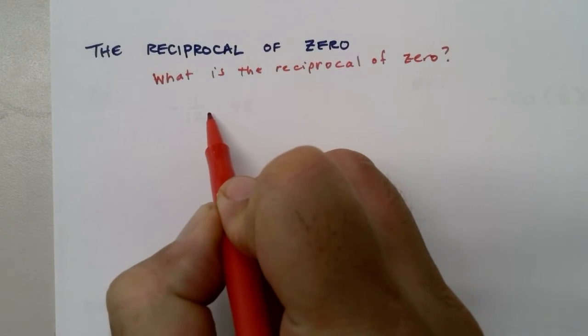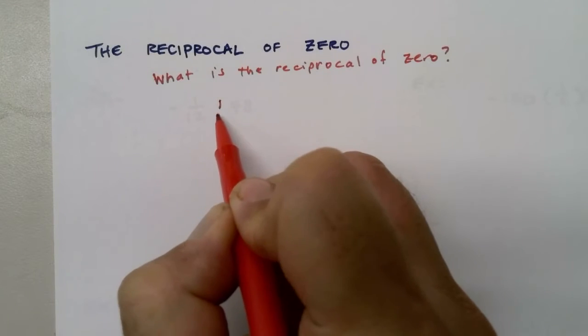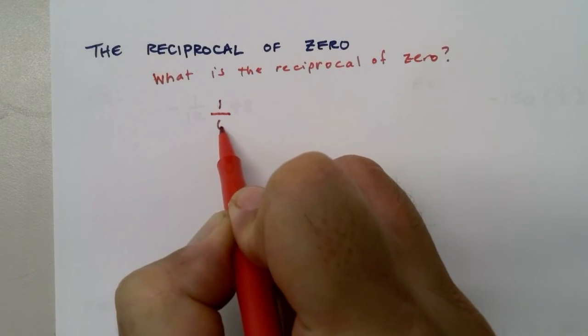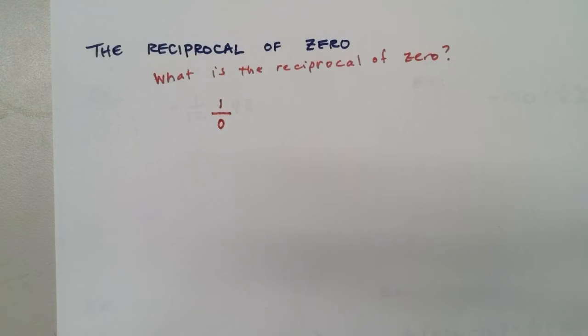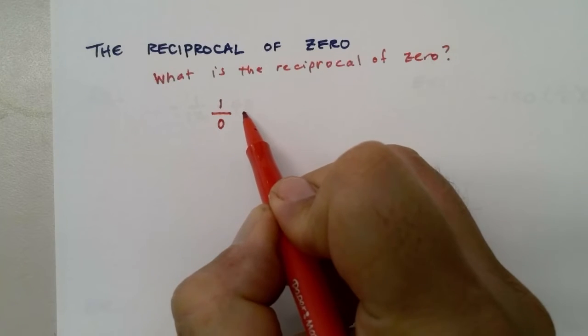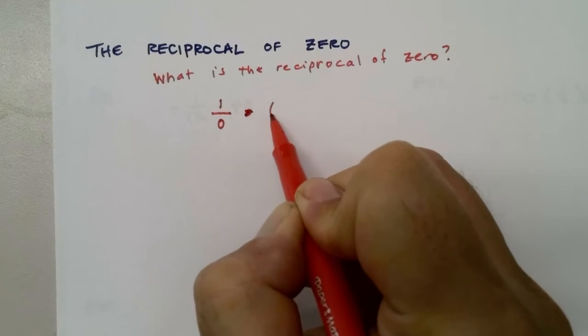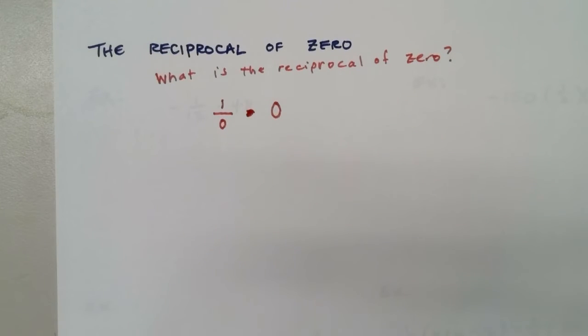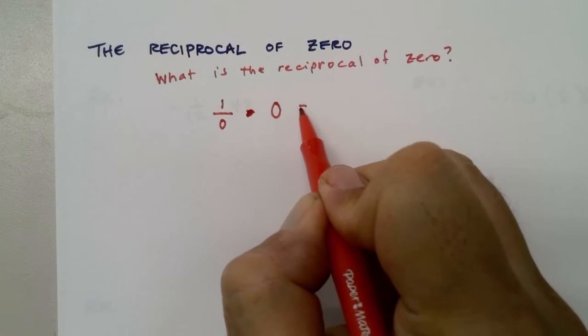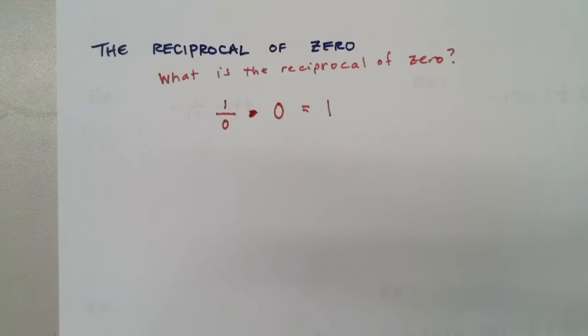So let's just say I start with the number 0. Well, that means that the reciprocal of 0 is 1 over 0. And I know that any number times its reciprocal is 1. So I have two dueling properties right now.